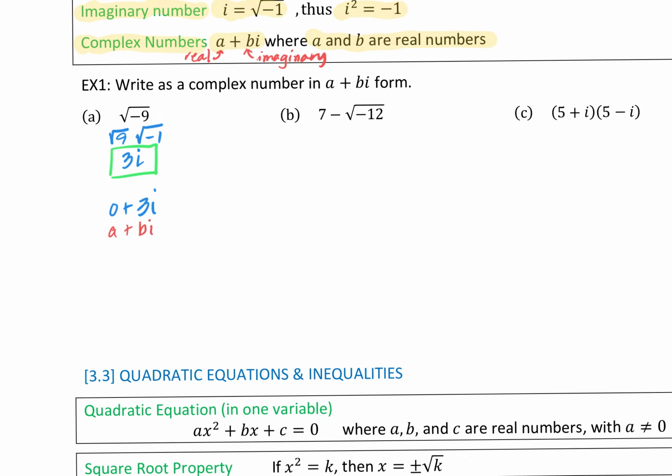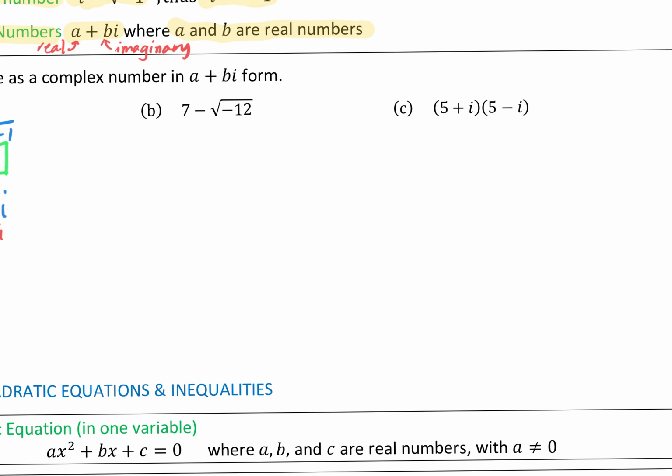Let's try this again in part B. We have 7 minus the square root of -12. Again, we can rewrite this. Whenever you see the negative underneath the square root, you can pull it out and make it be the i. So this would be the square root of 12 times i.